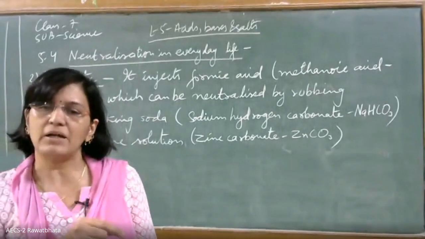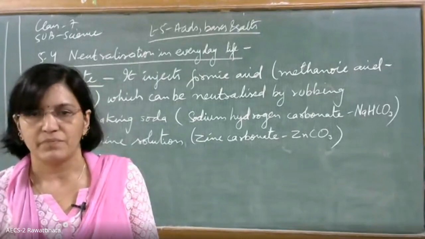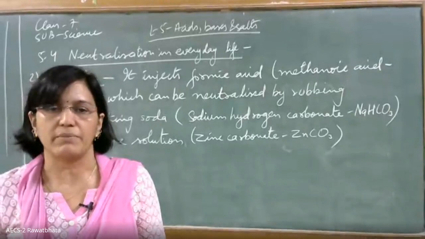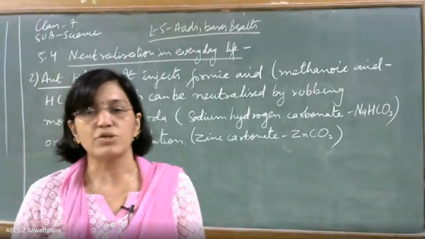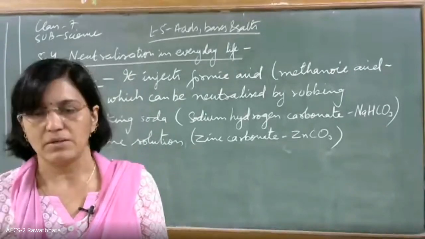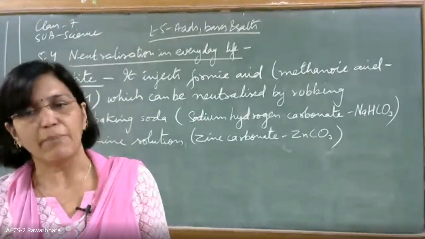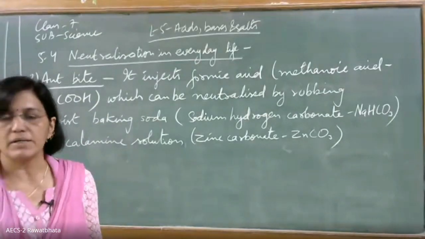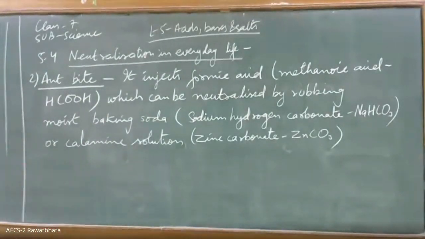Because it provides a cooling effect. It dries up and takes up the heat from the surroundings, so that actually provides the cooling effect there. But definitely it is a base, it can definitely be applied. Clear? So let's now start understanding the next one, that is soil treatment.